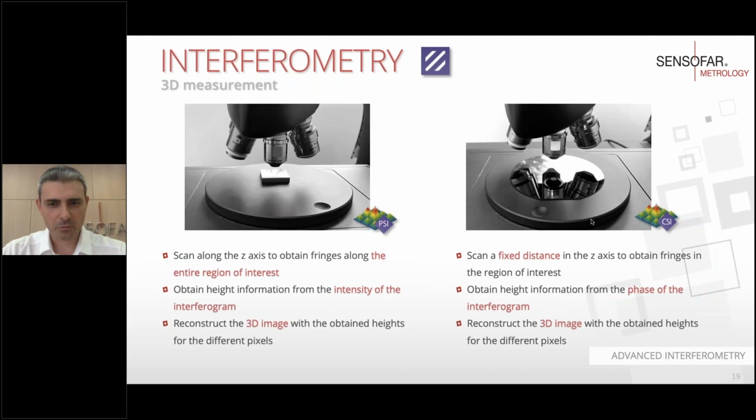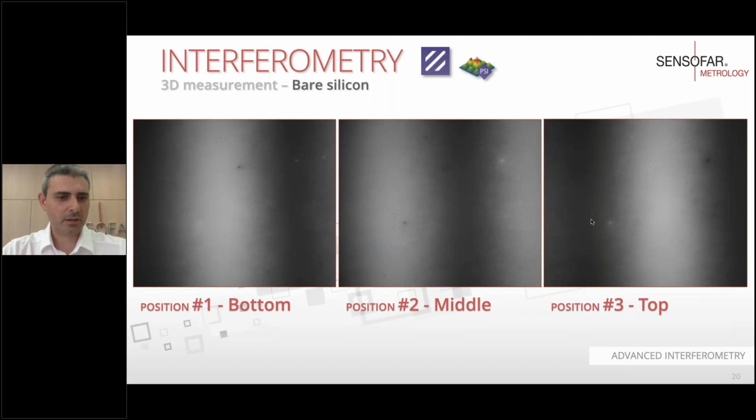So how is this done? Imagine you have a sample, you place that sample under your microscope, and then you have 3 images like the ones you see here on the screen. The first one will be the sample after placing it at the focus where you want to start measuring. The second and third images belong to a phase shift of pi over 2, or lambda over 8.